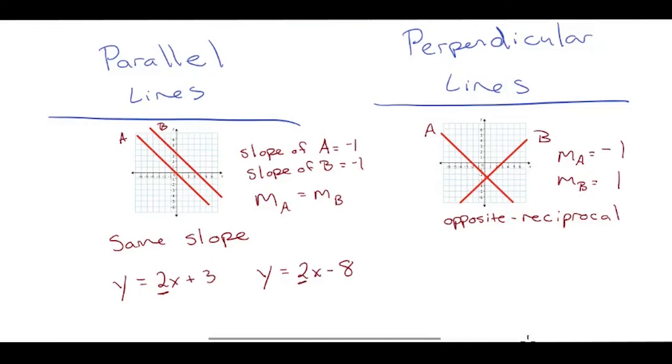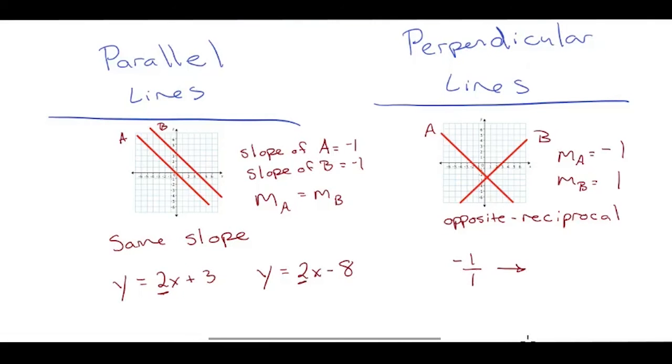Well, if I were to write it as a fraction, remember rise over run when we're finding slope? So the rise over the run of slope for line A would be -1/1.